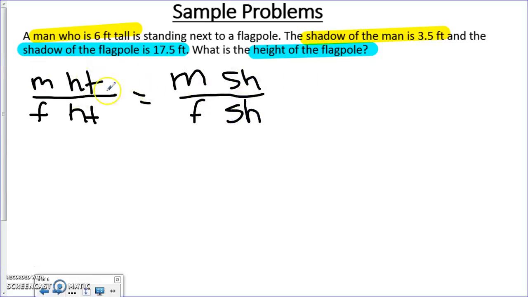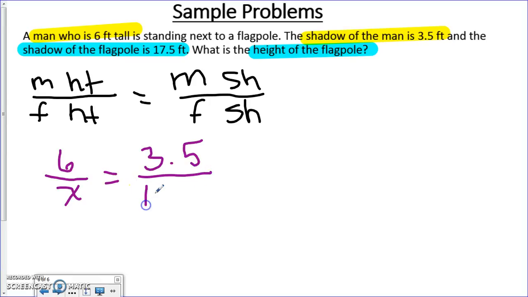Man is in the numerator, flagpole is in the denominator. Now let's substitute our values. The man height is 6 feet over the flagpole height. Do we know what the flagpole height is? No, because that's the question. So we're going to label that with the variable x, equals the man's shadow is 3.5 and the flagpole shadow is 17.5.